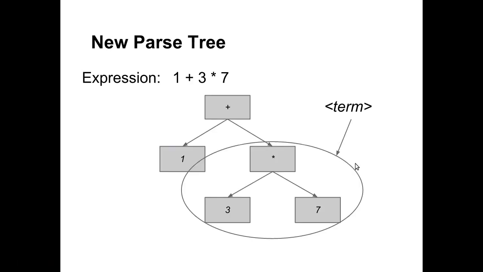And if we look at the parse tree that we get when we parse the same expression, 1 plus 3 times 7, using the new grammar, we can see that first it matches this term here with the multiplication operation. And then after that, it matches the addition operation. So the meaning of this is what we want, that first we multiply and then afterwards we add.